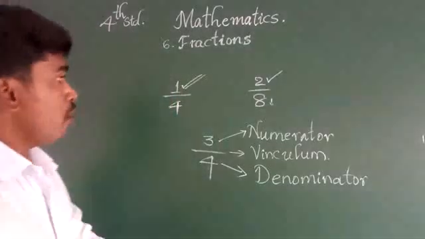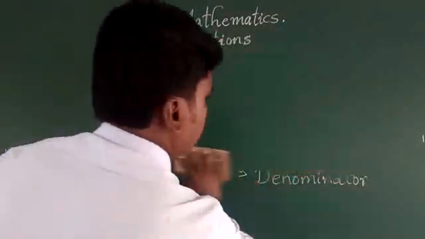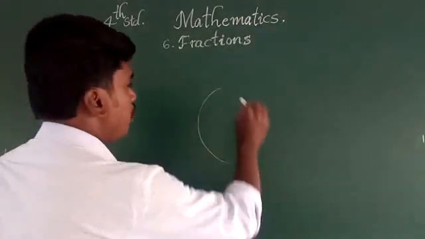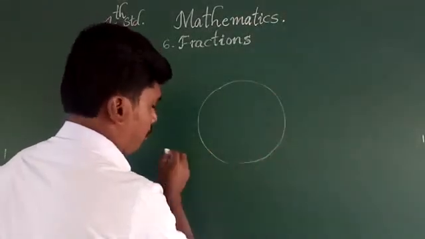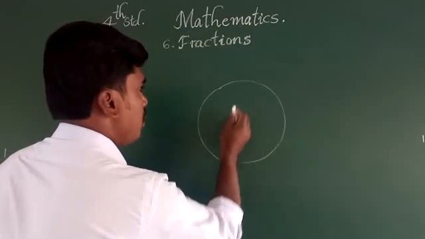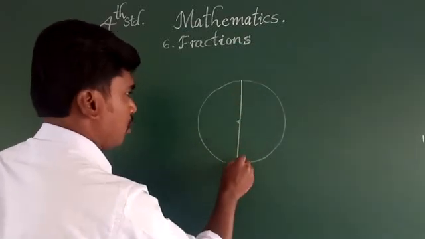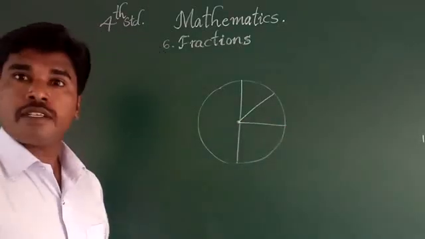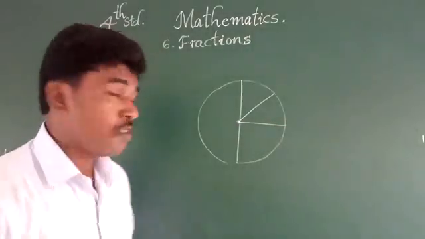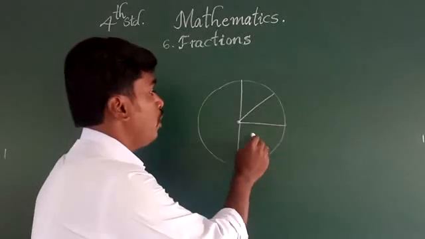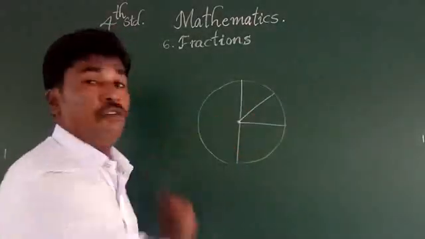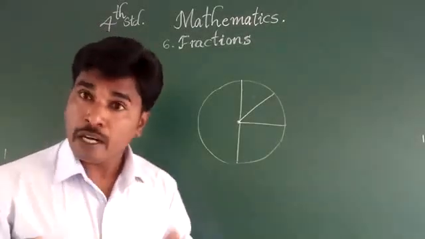For example, I could give. In the same circle, or you may consider a pizza. How many parts? By looking you can say 1, 2, 3, 4. There are 4 parts. Are all the parts equal?